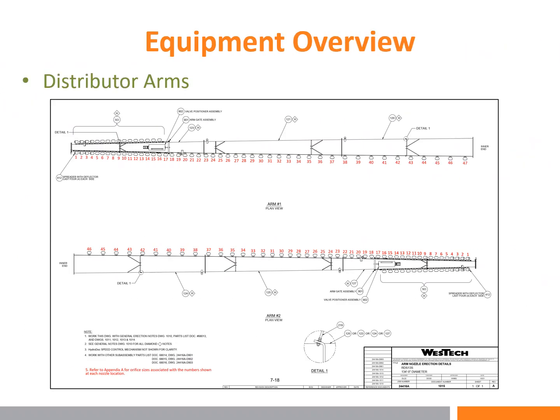This drawing shows the difference between the different arms. The top arm, labeled arm number 1, would be for primary arm number 1 and secondary arm number 1. And as mentioned, the discharge ports, there are a total of 47. So starting out here at the very tip of the arm, we start with discharge port number 1 increasing to the last discharge port near the center barrel, which is 47.